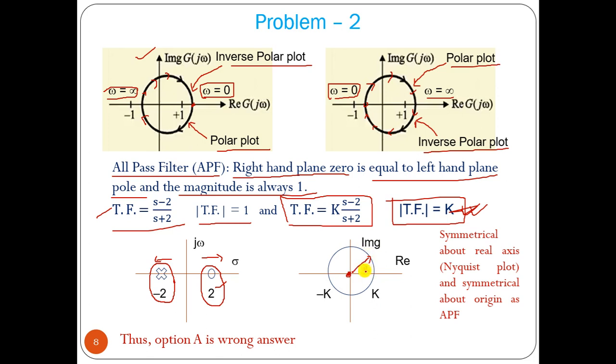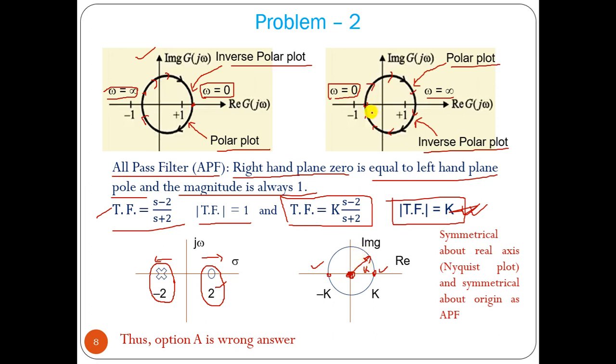So this is your minus k, and this point should be k. This is the example of an all pass filter. For an all pass filter, the plot should be symmetrical about the origin, with radius k from the origin. K is the magnitude of the all pass filter.